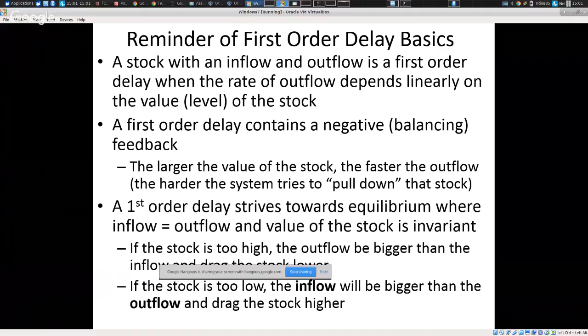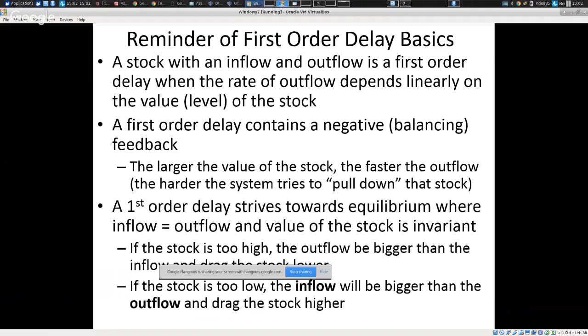Yeah, the outflow will be much larger. The outflow will be bigger than the inflow, because remember, at its equilibrium, what is going to equal what? Inflow equals outflow. Above its equilibrium, if the value of the stock is above its equilibrium, the outflow is going to be bigger, because the outflow depends linearly on the value of the stock, right? Bigger the stock, bigger the outflow.